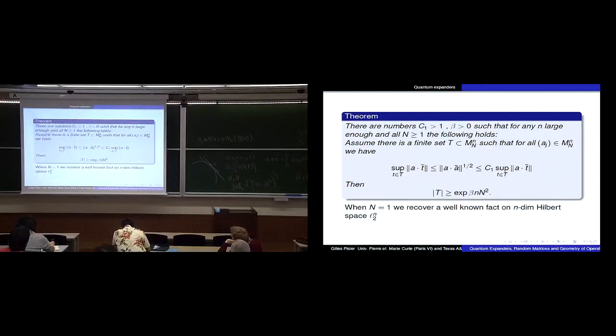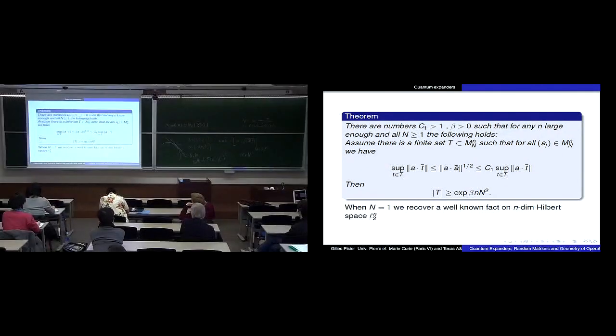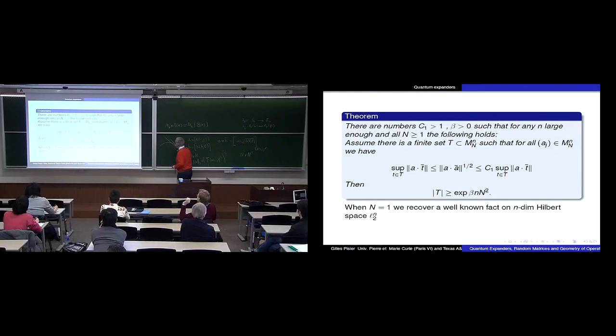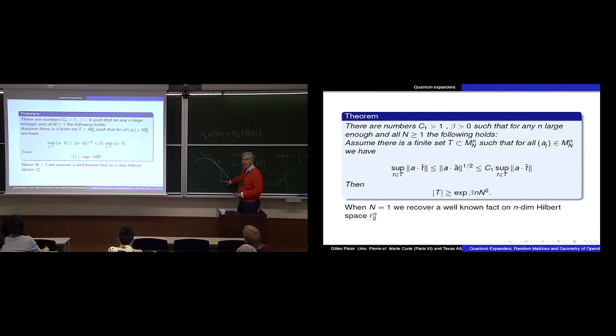OK. So here is, along the same lines, an application that also has this same geometric flavor. It is analogous to the fact that when you consider the Euclidean sphere in dimension n, you try to write your Euclidean norm as equivalent to the sup of a certain number of functionals.